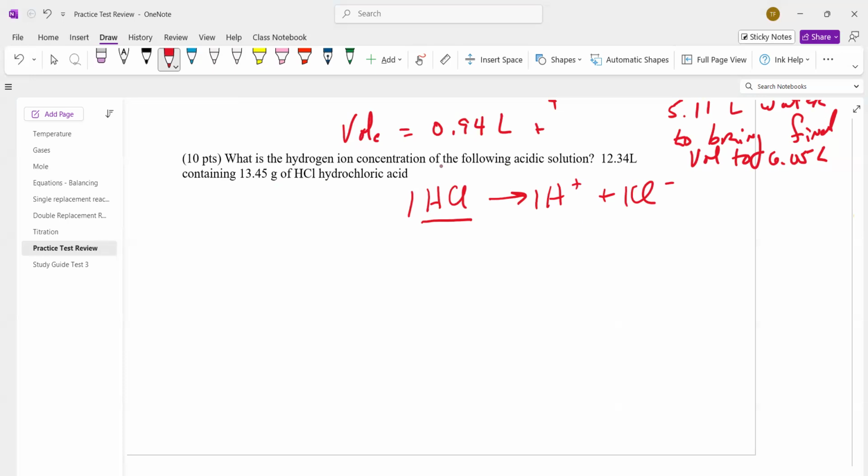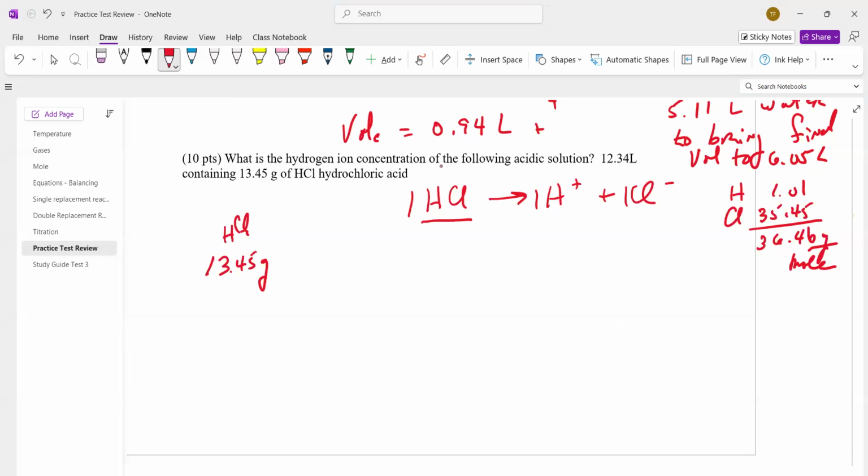Okay, so we have to calculate the molar mass of HCl. H is 1.01. Chlorine is 35. Okay, so we've got 13.45 grams. Now this is HCl.